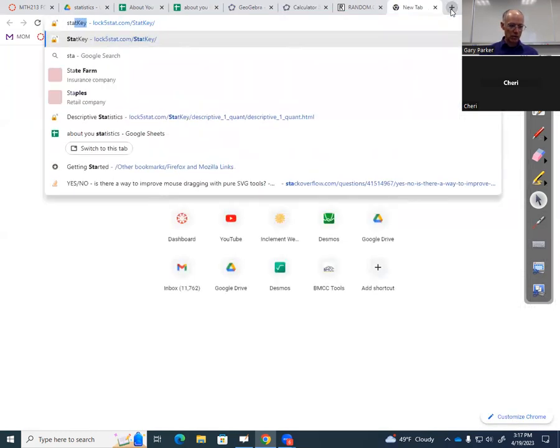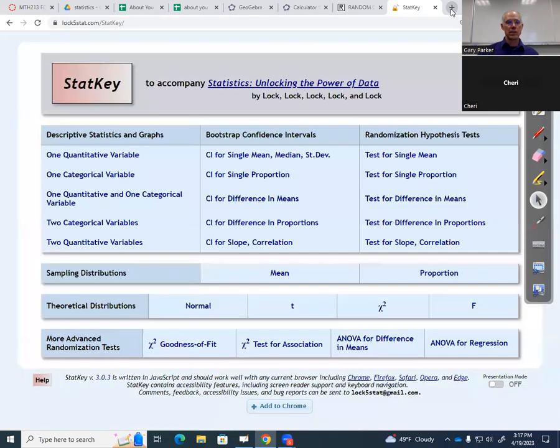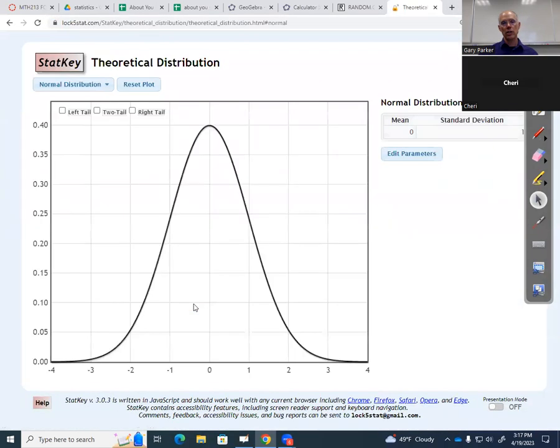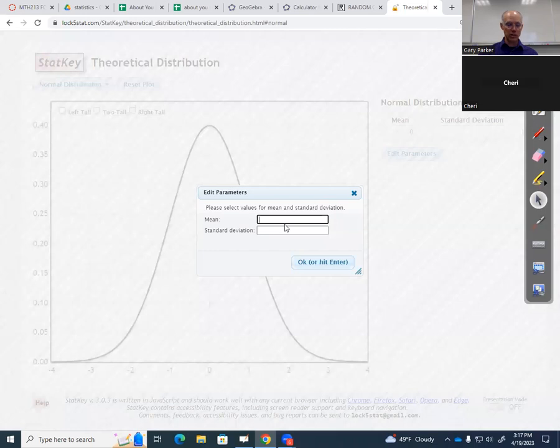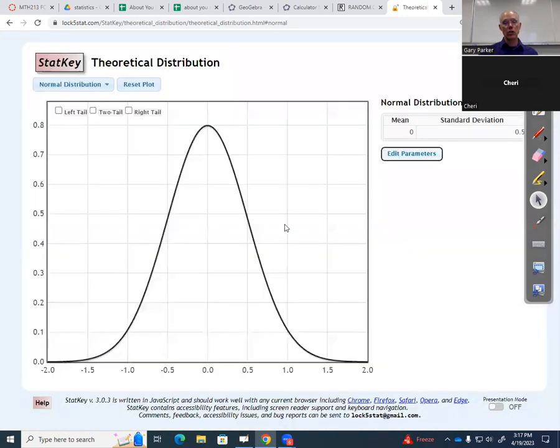We look at the StatKey version. StatKey's normal distribution is always put in this particular frame. So regardless of what you say the mean and standard deviation are, originally it was 0, 1. If I make it 0, 0.5, it's still going to look the same, but the scale will change on the bottom and the side every time I change the mean and the standard deviation.